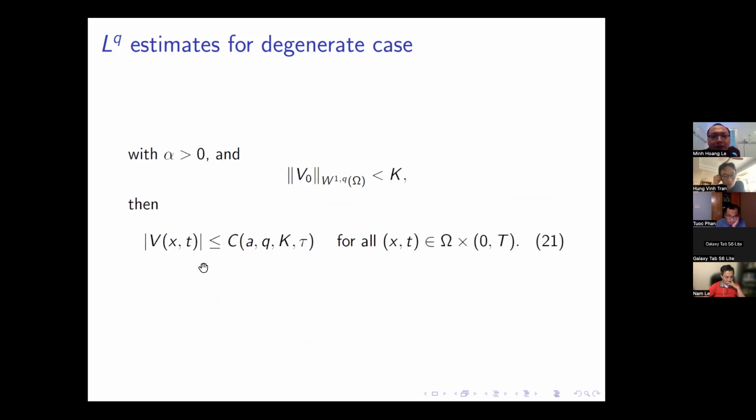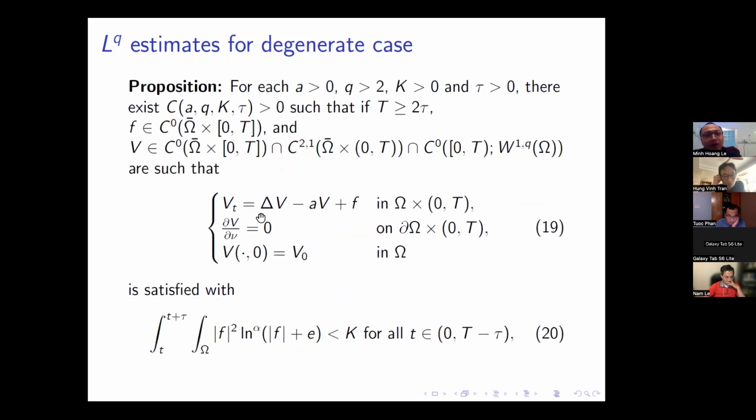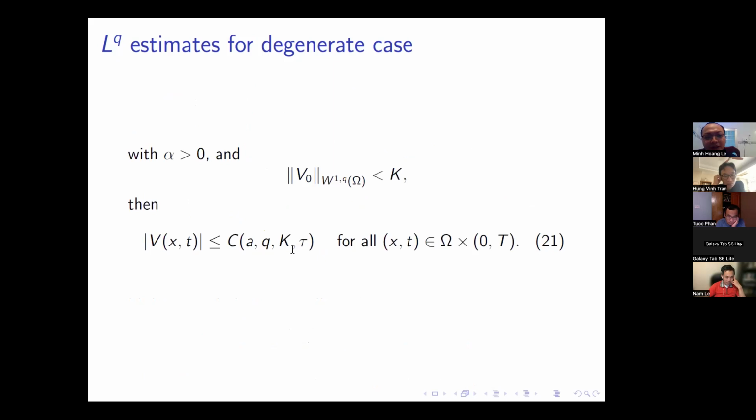And how do we prove that? This is a long proof in a paper from 2022, so I just use the result without touching the proof. We just admit that here.